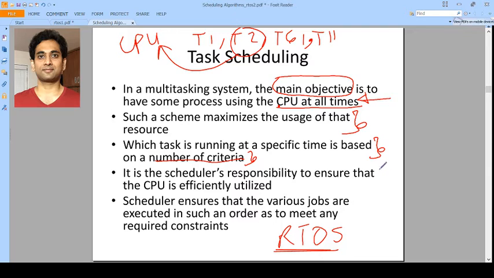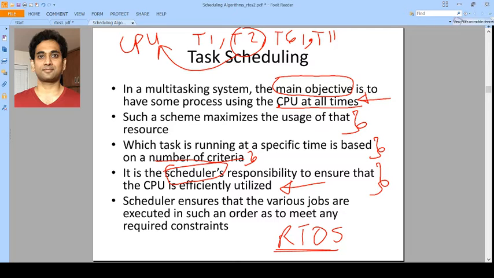It is the scheduler's responsibility. The scheduler is a component of the operating system. It is the scheduler's responsibility to ensure that the CPU is efficiently utilized. We talked about it in the last class.